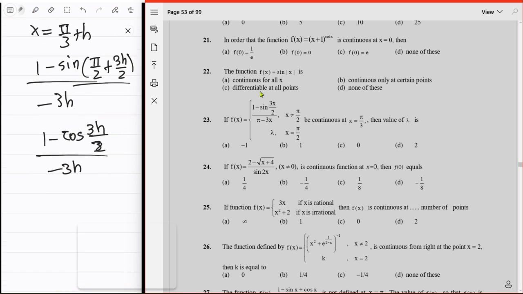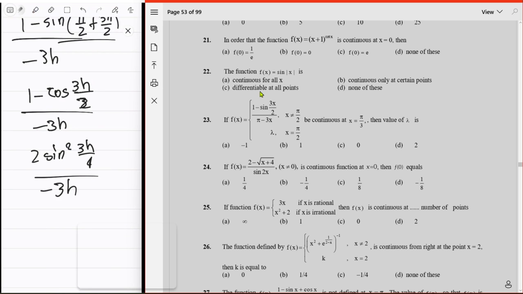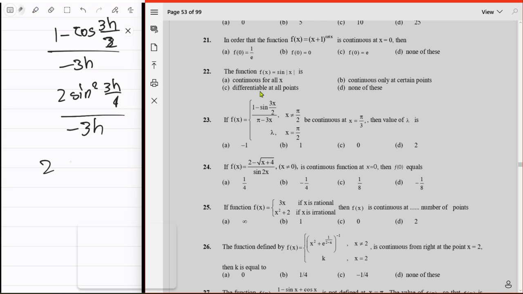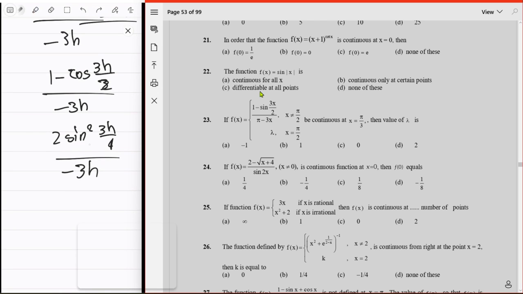It should be 2 over there, which is like 2 sine square of 3h upon 4 upon negative 3h, right? Wait, why is it a square? Something's not right about this. Wait a second. Oh, it's gonna be 0. I guess it's going to be 0 because there's no square in the denominator, so it's just 0. Huh. Lambda. Wait.